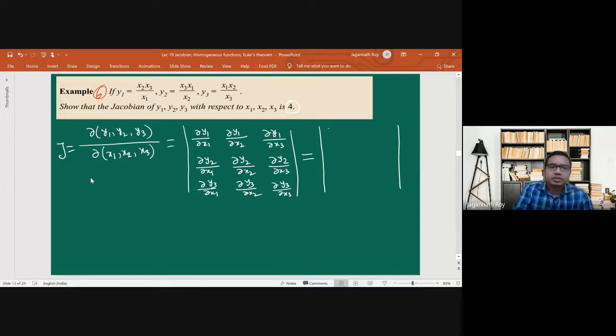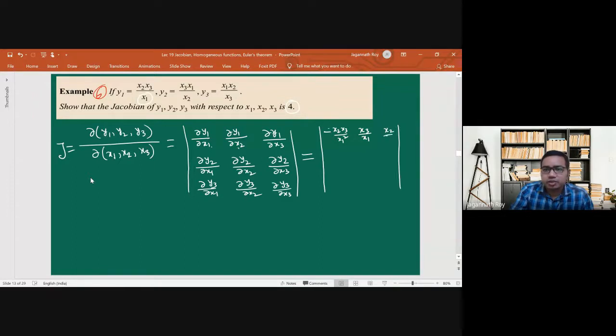This is actually differentiate with respect to x1. So x1 is in the denominator, so this one will become minus x2 x3 by x1 square. Now with respect to x2, y1: x2 is in the numerator, so this one will become x3 by x1.